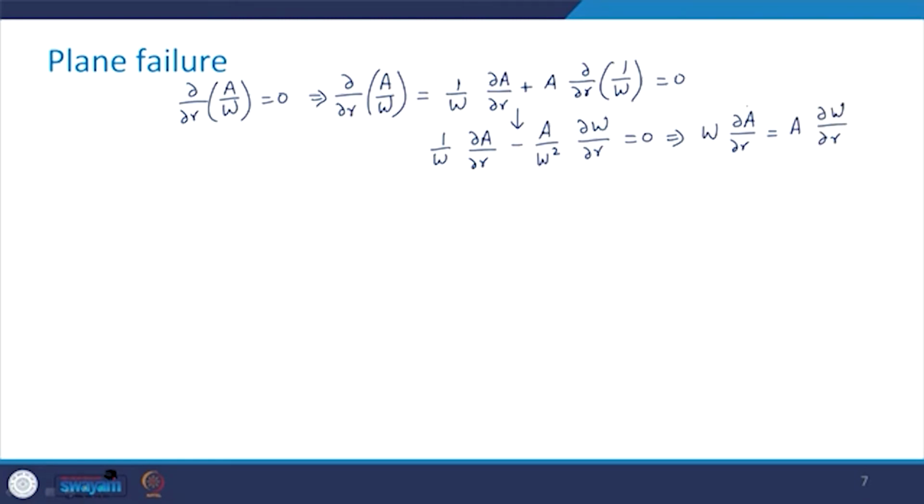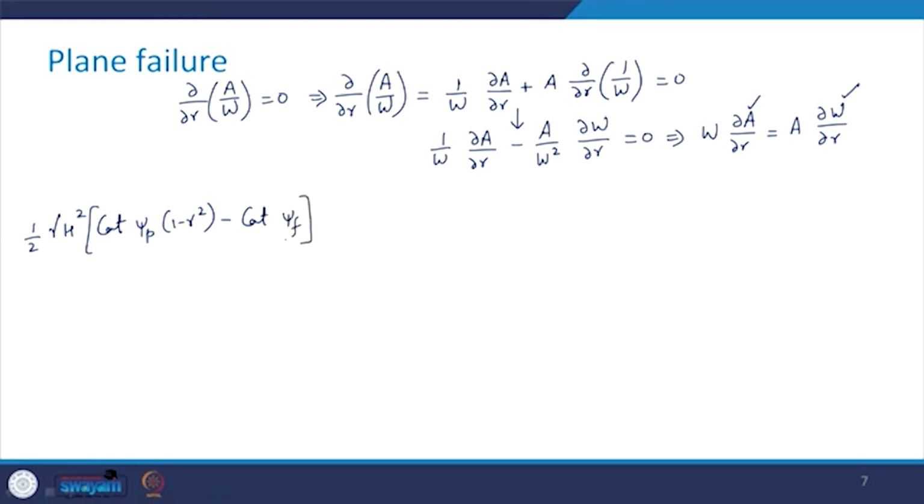Now, we have the expression of A and W with respect to r. So, we differentiate it and then we get half gamma h square (cot of psi p (1 minus r square) minus cot of psi f).